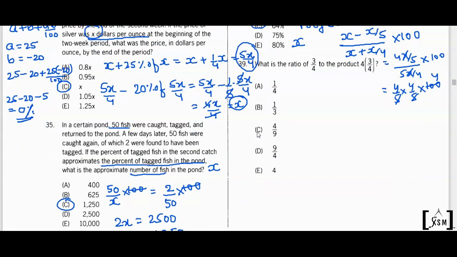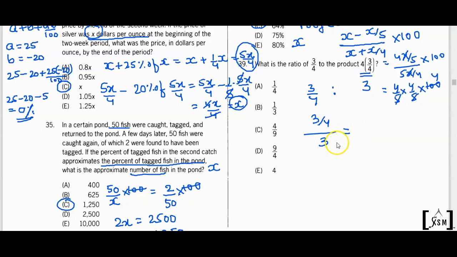Question is saying, what is the ratio of 3/4 to the product of this? So let's calculate the product of this. The product is nothing but just 3. And the ratio of this to the product of that: 3/4 in ratio with 3 is basically a division, divided by 3.